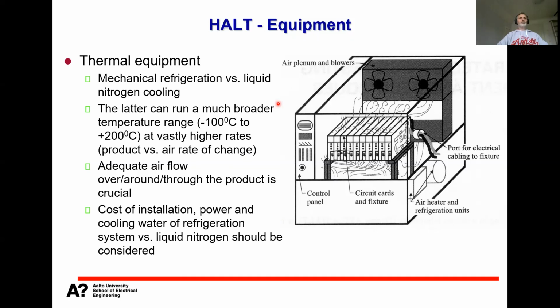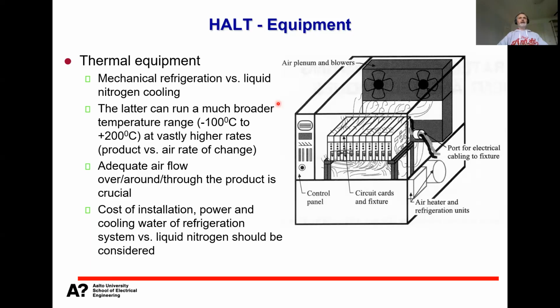Like I said, -100 degrees centigrade is not a problem with liquid nitrogen, as the liquid nitrogen temperature, if I recall correctly, is -197 degrees centigrade. So you can go to low temperatures and you can have much faster rates going downwards.